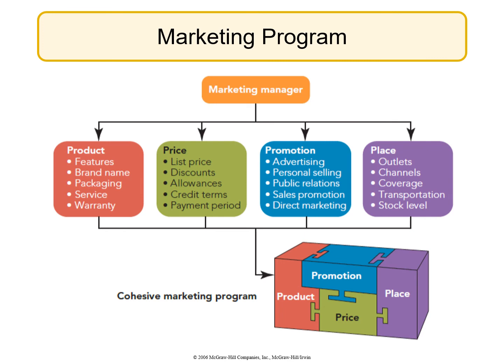So the marketing manager needs to design everything, all the 4 P's, and needs to make sure that all of these, as you can see in the block at the bottom, should all fit together. So all these puzzle pieces should fit together, and that's what we call a cohesive marketing program. What do we mean by fitting together?